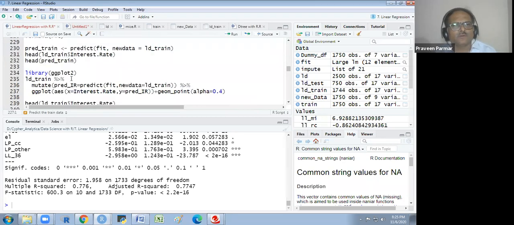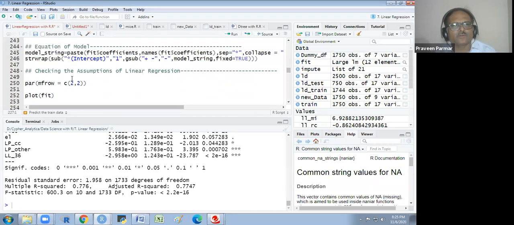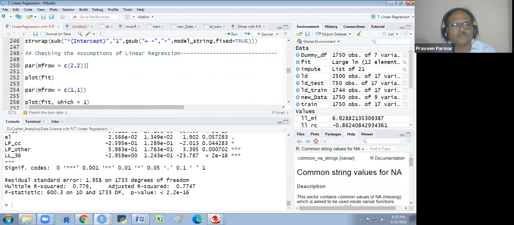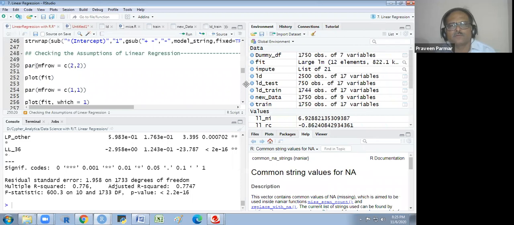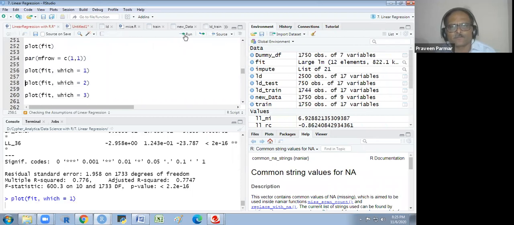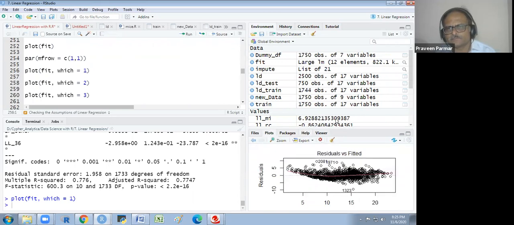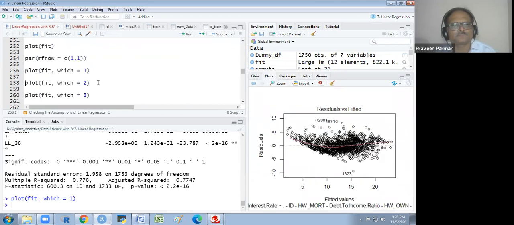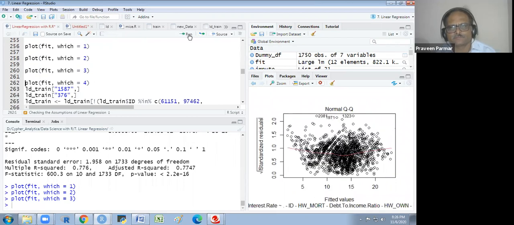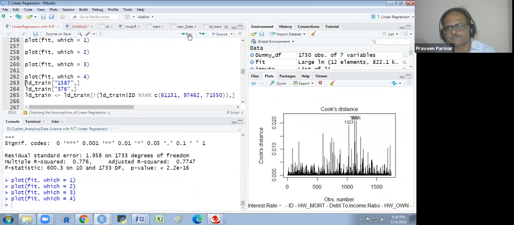Now I see the graph plots. I will just show you all plots together, or we see separately. Okay. There are now some other outliers we are getting.